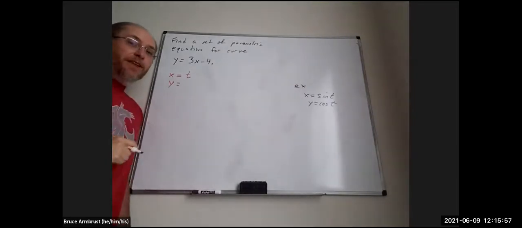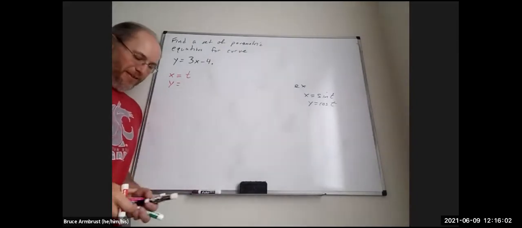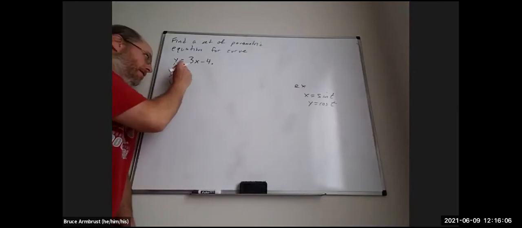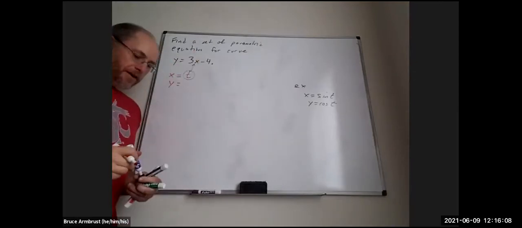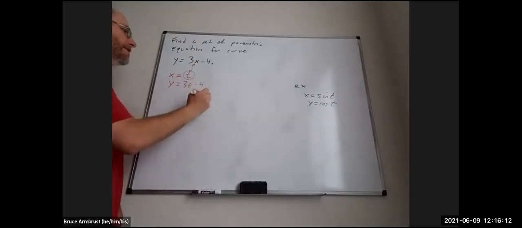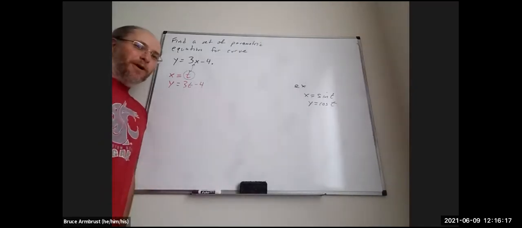All right, so now we need to know what y equals. All you have to do is substitute what we just chose for x, t, in here. And so we get y is equal to 3t minus 4. So guess what? You just parameterized that curve.